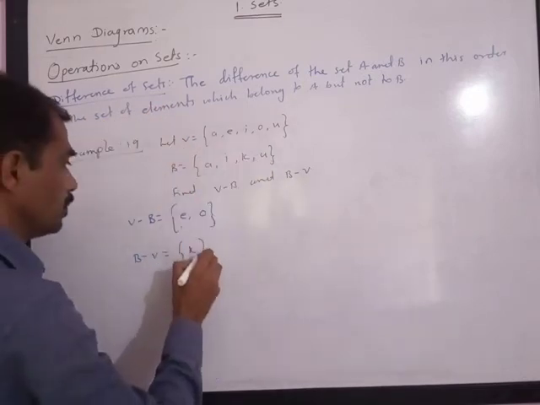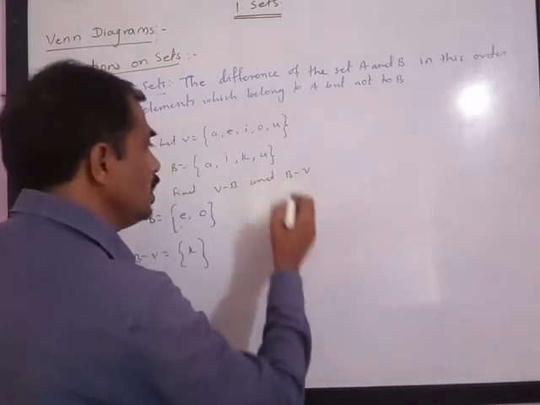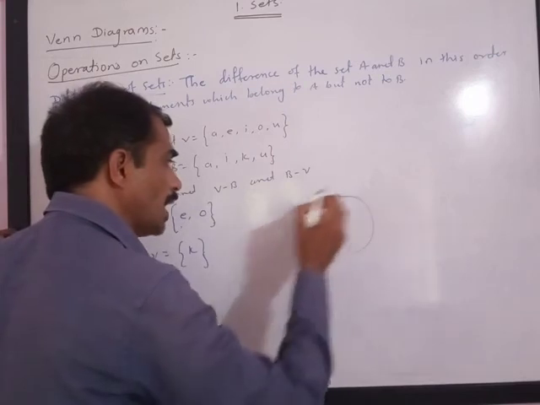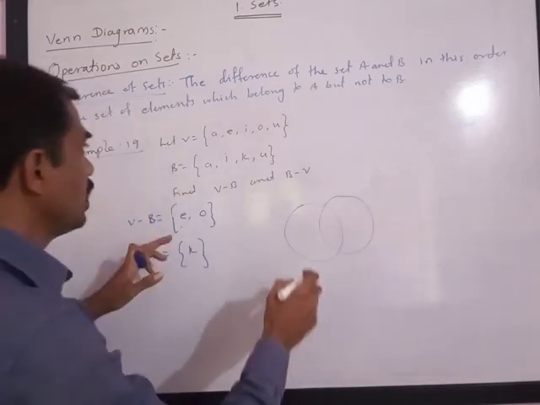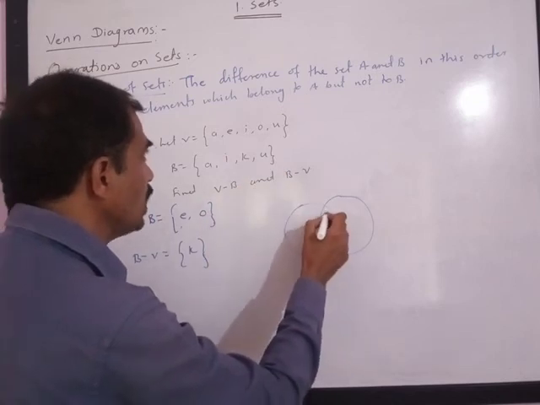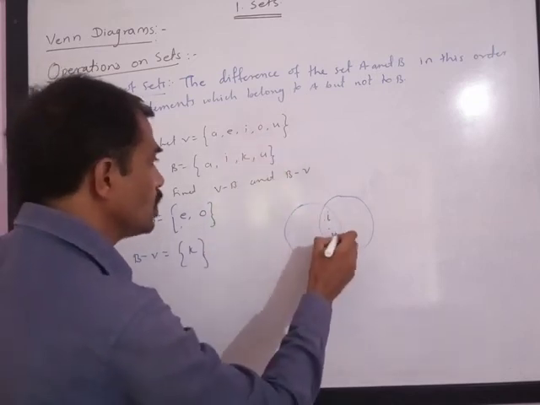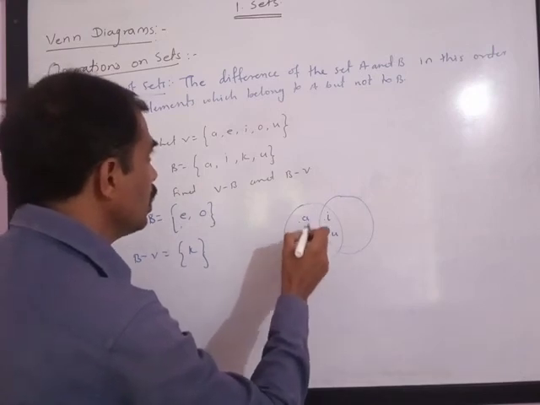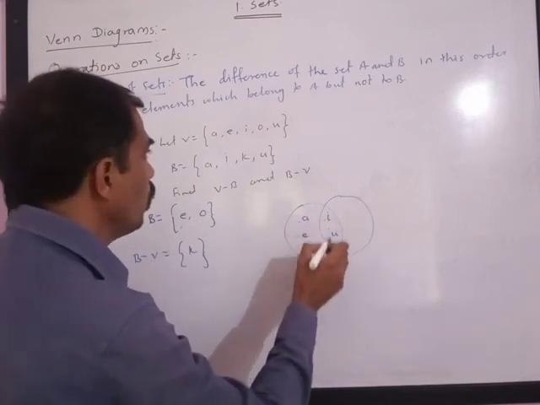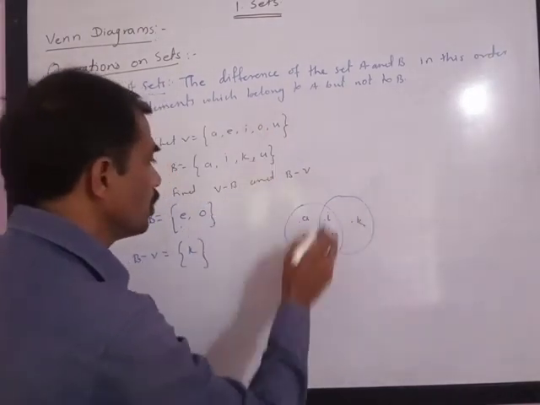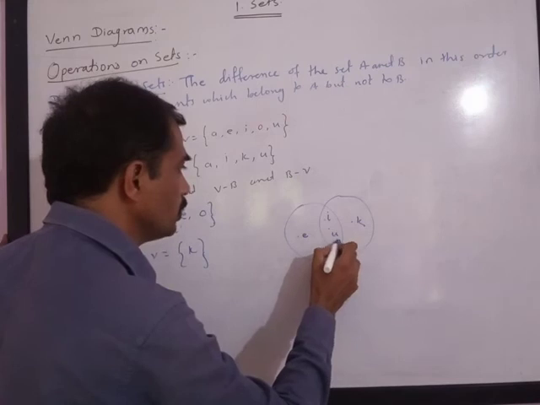Please note here, if this is to be represented with a Venn diagram, then this is the set of I, which is common, U is common, A, E, O, and here K. Please note A is also common.